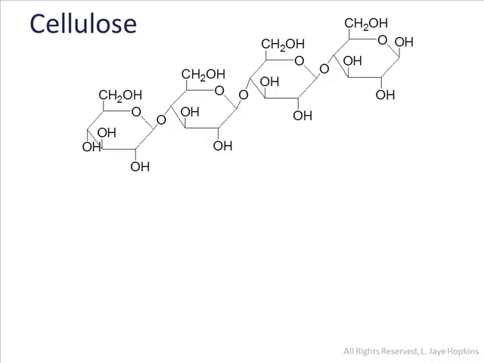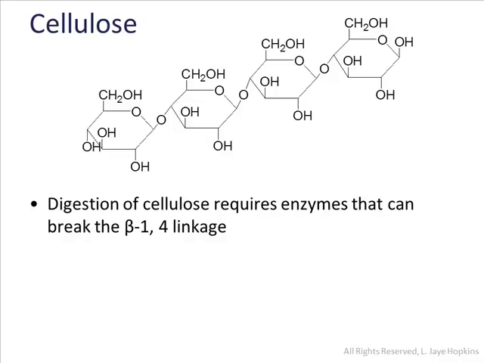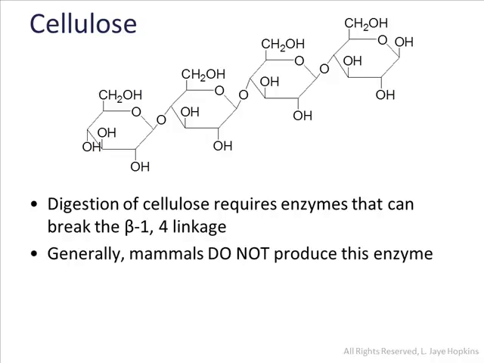And the most important way it does that is it limits whether or not this molecule can be broken down by certain organisms. In order to digest cellulose, just like digesting any other polysaccharide or disaccharide, you would have to have an enzyme that's capable of breaking that beta-1,4 link. And unfortunately, you, as a human being and a mammal, you do not have this enzyme.